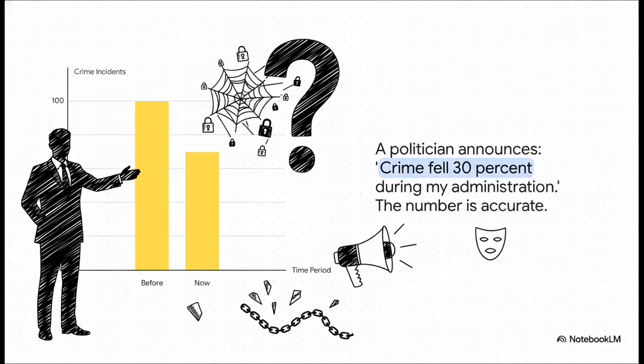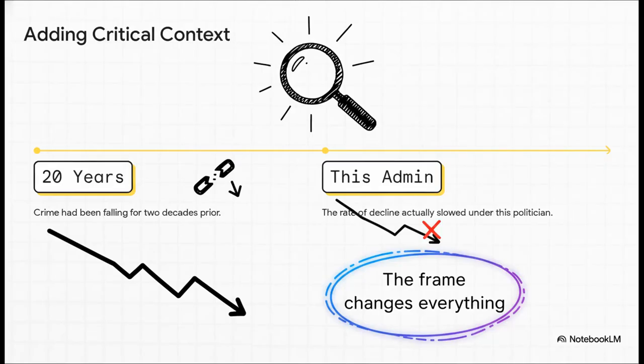Okay, here's another one you've probably seen a million times, especially in politics. A politician gets up on stage and proudly declares, "Crime fell 30% during my administration," and they show you this chart. And you know what? That chart is accurate. The numbers are totally real. This fact, in isolation, is verifiable. But what happens when we zoom out? What happens when we add that crucial ingredient we talked about, context?